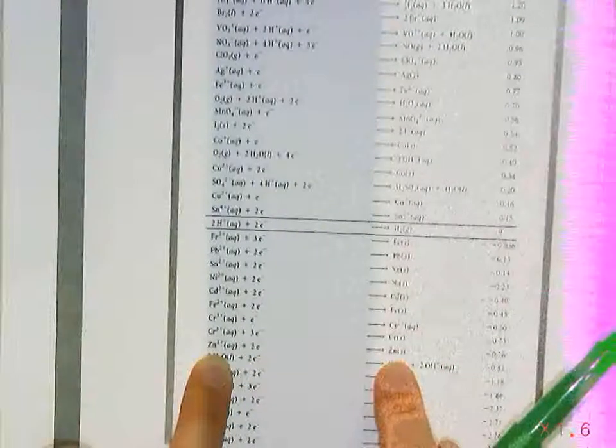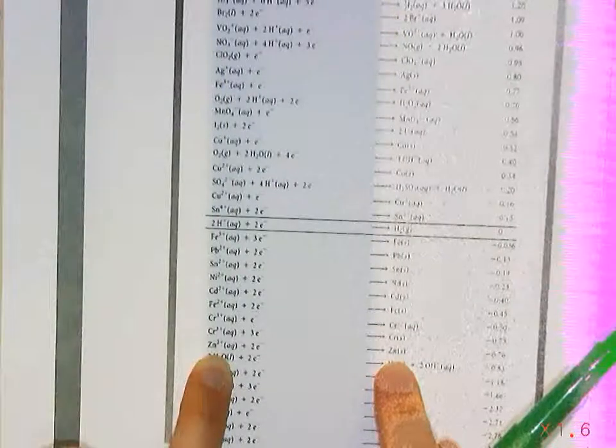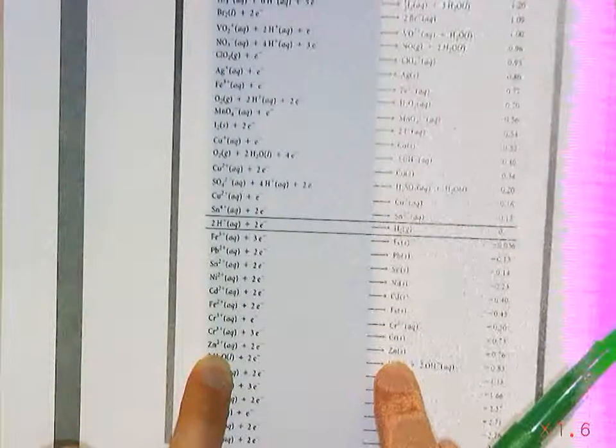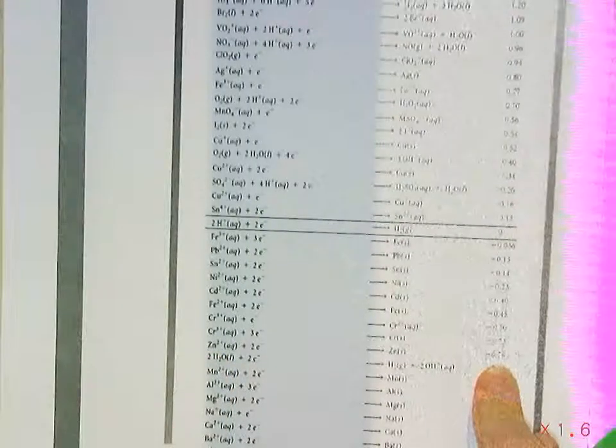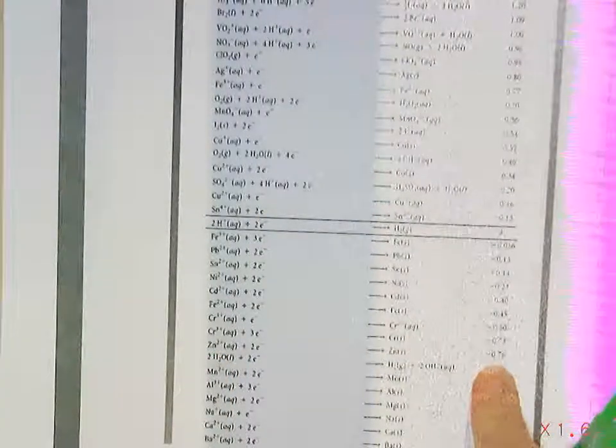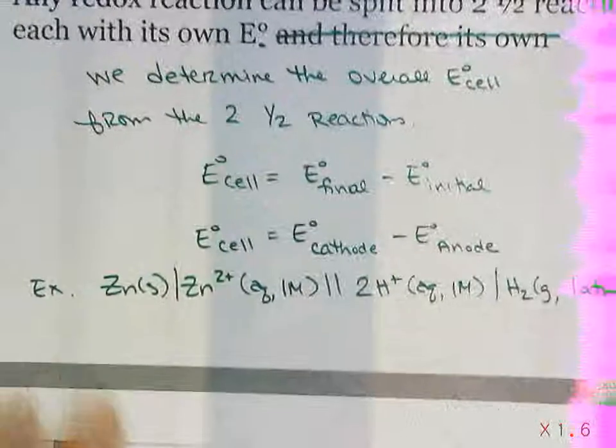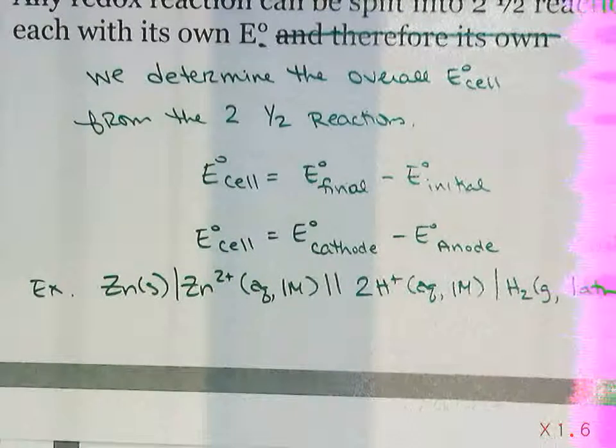How are we using it in my cell? As an oxidation. Doesn't matter. We're going to plug it in just as is. You don't reverse the sign. A common mistake is to reverse the sign. Do not reverse the sign and do not multiply by stoichiometric coefficients. So, while it's similar to what we've done with thermodynamics, these are completely different rules.